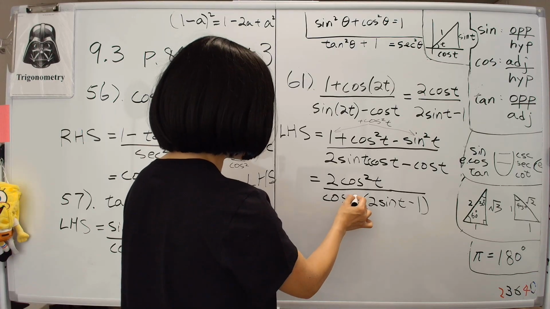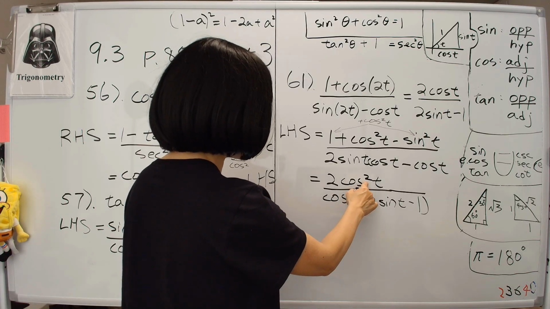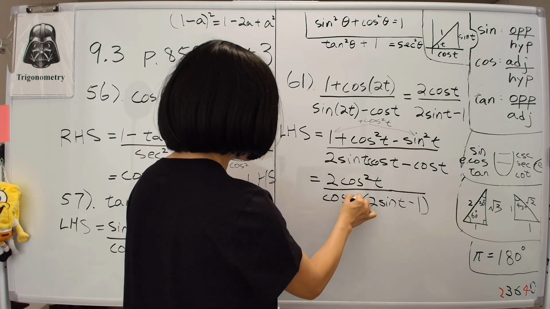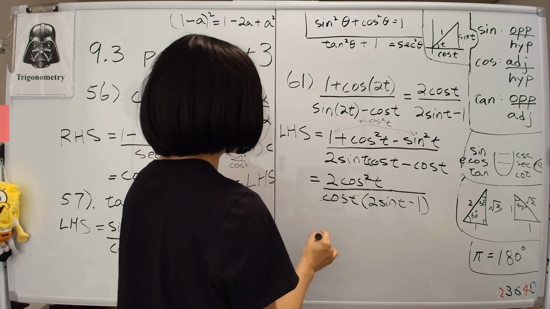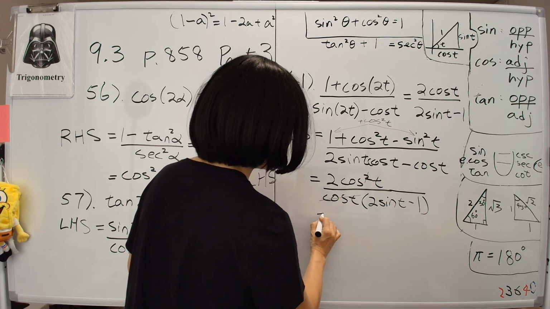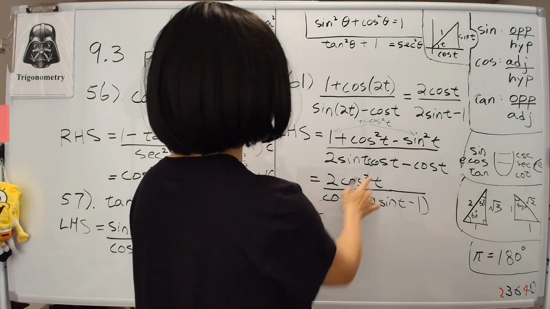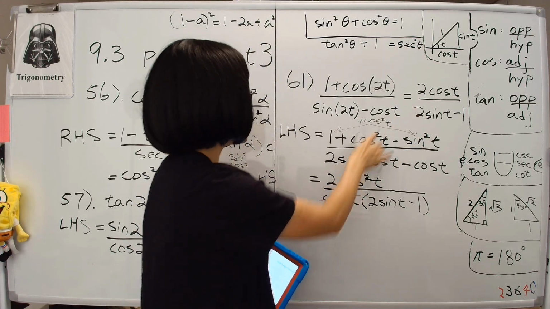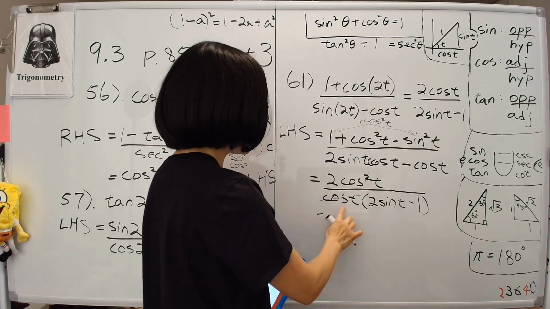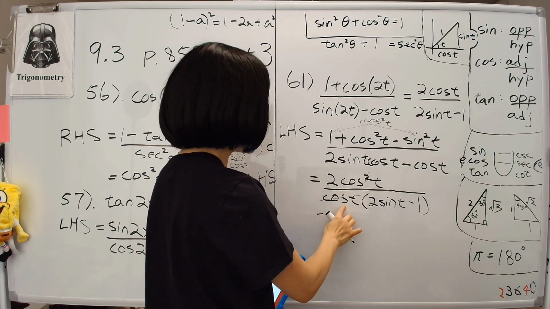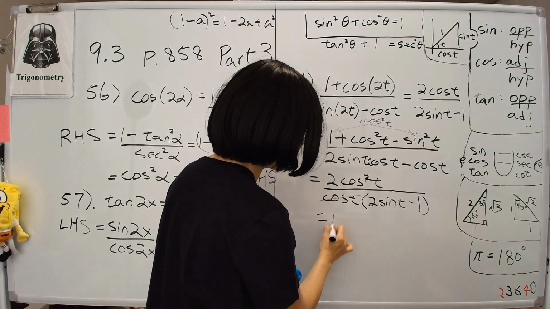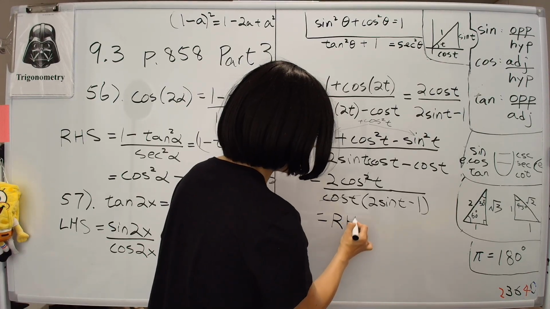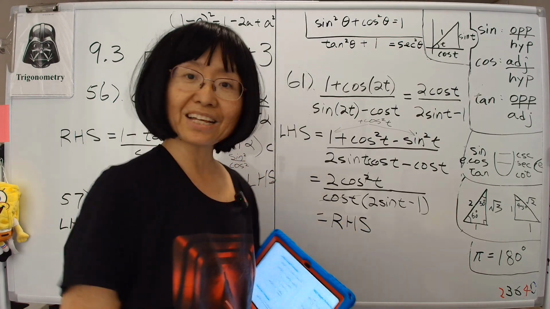There's a cosine squared t on top and a cosine t on the bottom, so we can cancel out one cosine t. So this will be equal to 2 cosine t over 2 sine t minus 1. That is exactly the right-hand side, so this is equal to the right-hand side, and we are done with the proof as well as this section.